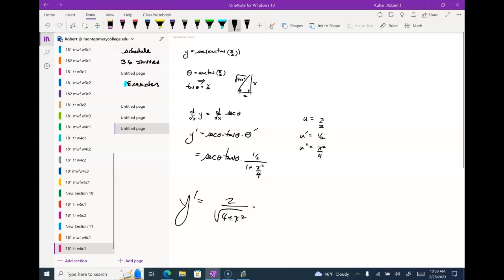What's the tangent? Tangent of theta, please. It's really easy. X over what? Yep, x over 2. Look at the triangle. Times a 1/2 over 1 plus x squared over 4.